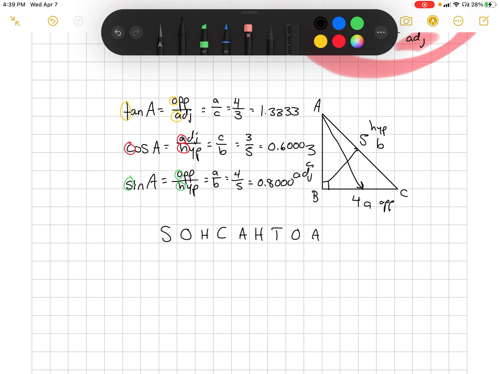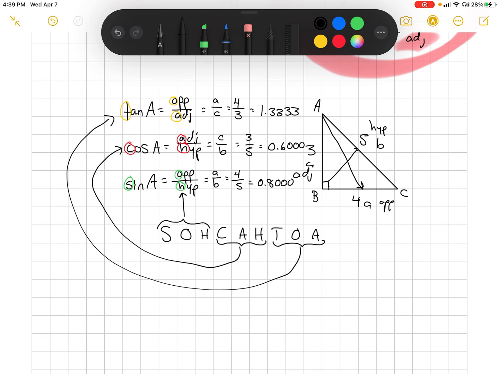SOHCAHTOA means sine is opposite over hypotenuse. Cosine is adjacent over hypotenuse, and tangent is opposite over adjacent. That is what it means.